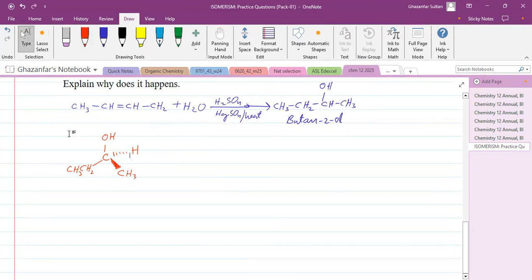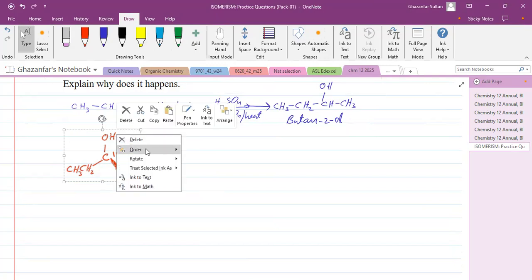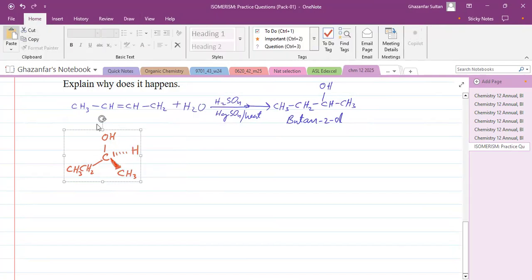And similarly, we will draw its mirror image. So we can draw its mirror image. We can make the duplicate, or you can copy paste. So draw it again. Okay. So what happens in this drawing?